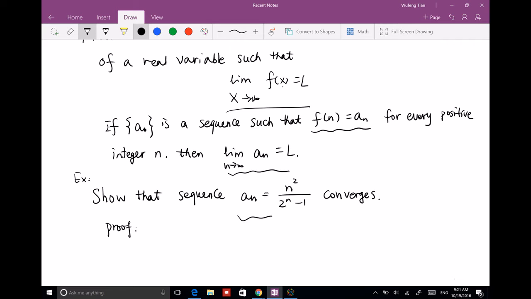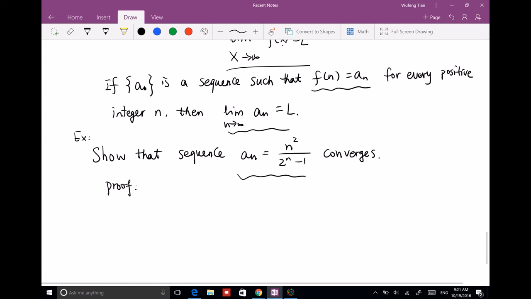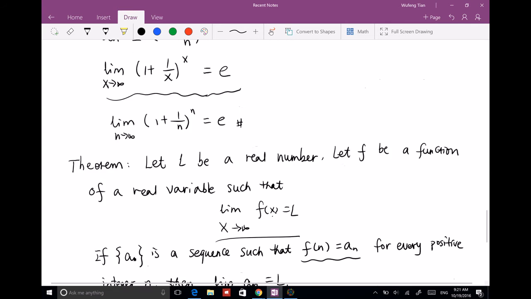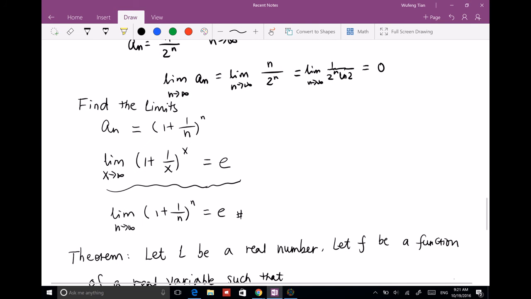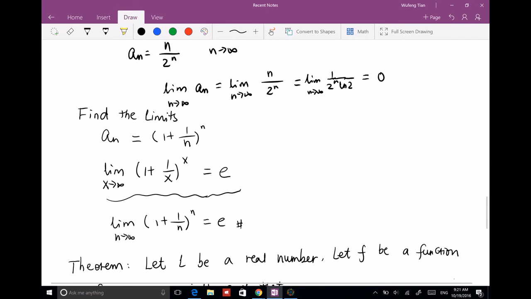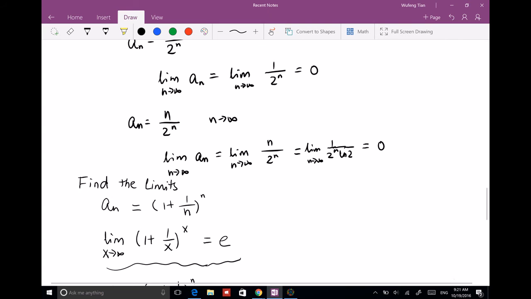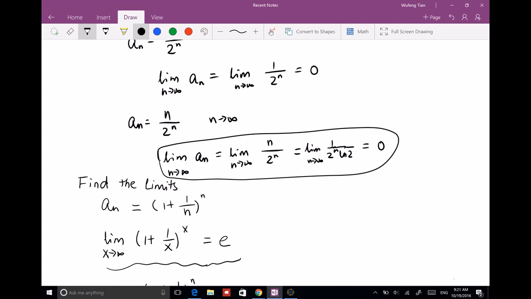So now we only have a sequence. Okay, this one here, I should not use L'Hopital's rule directly because n is not a continuous variable, but we still can do it.